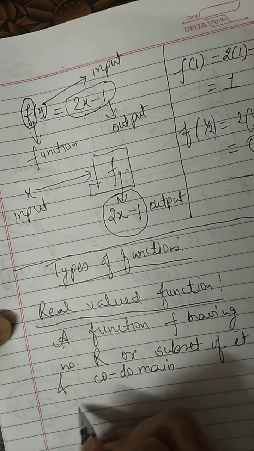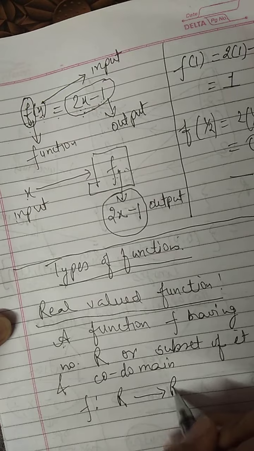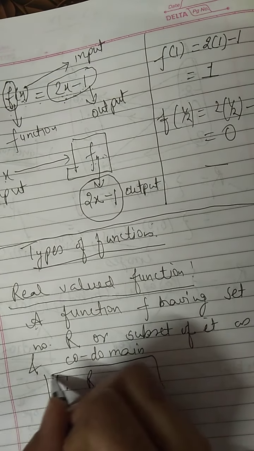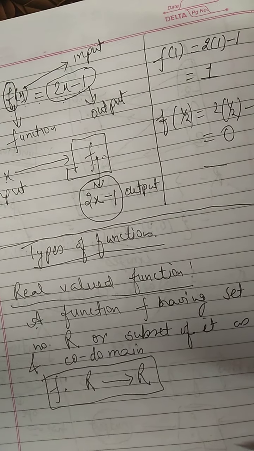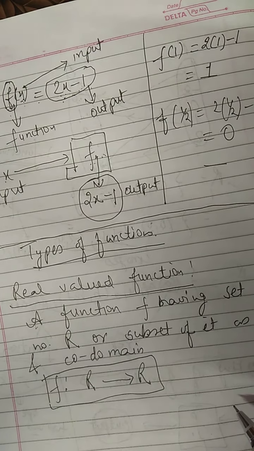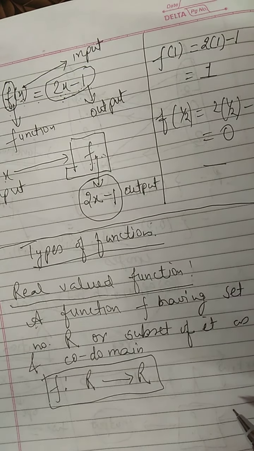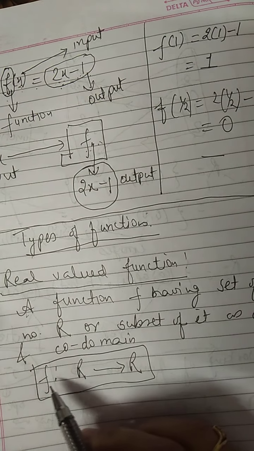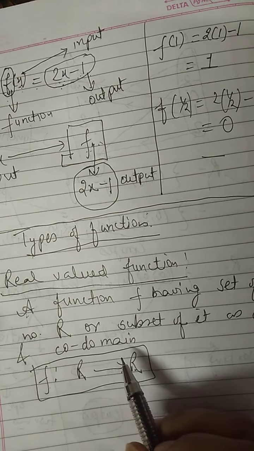In other words, if f is a function defined from R to R, then this is a real valued function. So a real valued function takes a real number, and I hope everybody knows the set of real numbers is the largest set in our number system. So when a function takes a real number and gives back a real number, that function is called a real valued function.